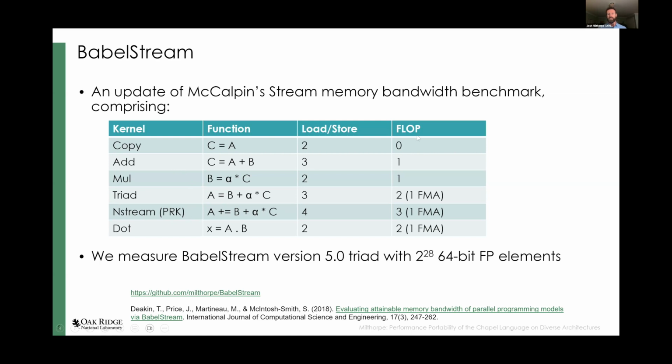Each of these has a different balance in terms of the number of loads and stores from memory versus the number of floating point operations that they perform for each element of a vector. We're going to look at the performance results from the BabelStream triad, which is essentially scaling a vector by a constant, adding it to another vector, and then storing the result in a third vector. And if you want to see the code for this, it's here on GitHub, and that will be in the slides, which we'll share later.